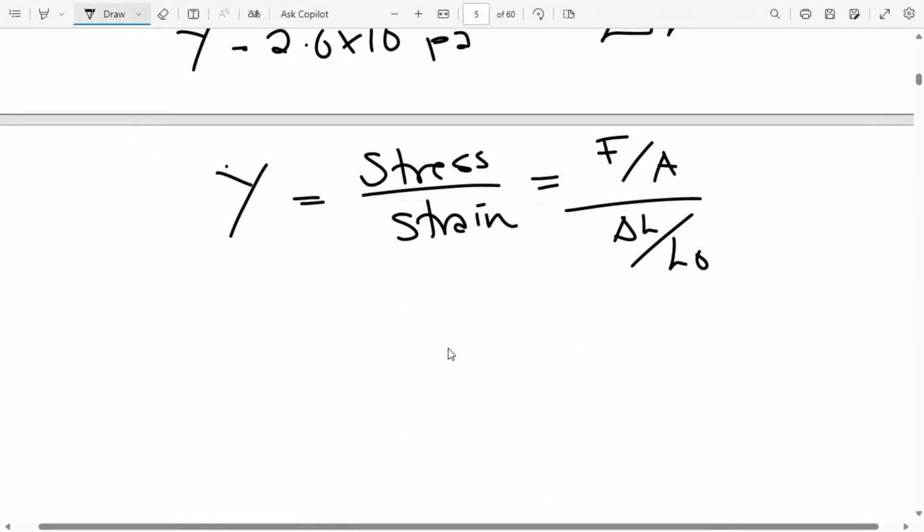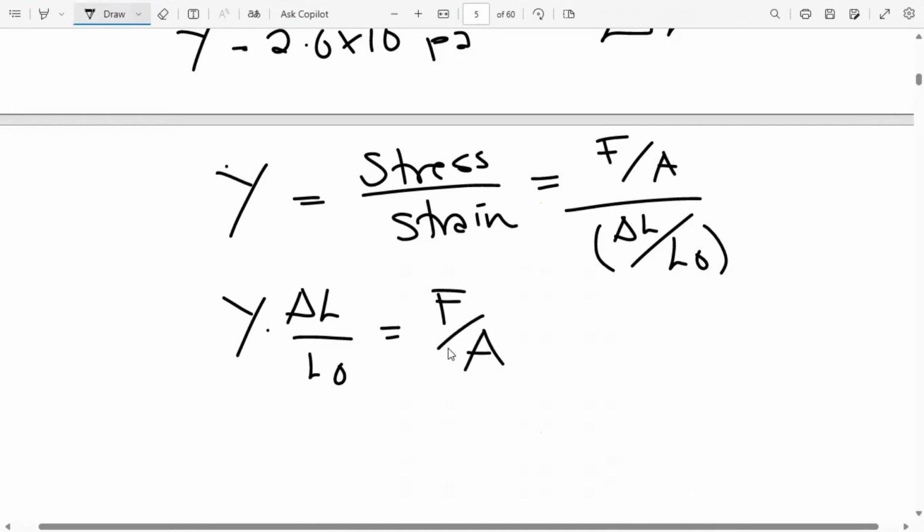We're going to say Young's modulus multiplied by change in length over initial length is equal to force over cross-sectional area.